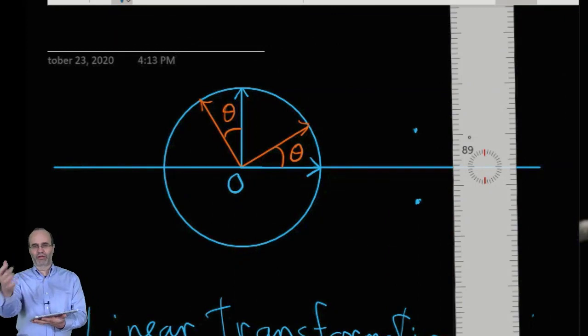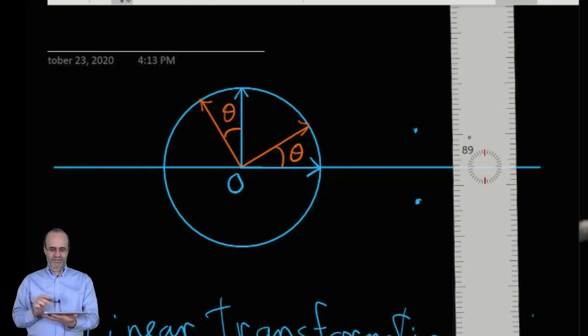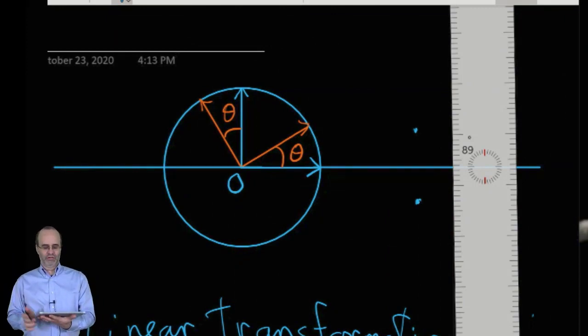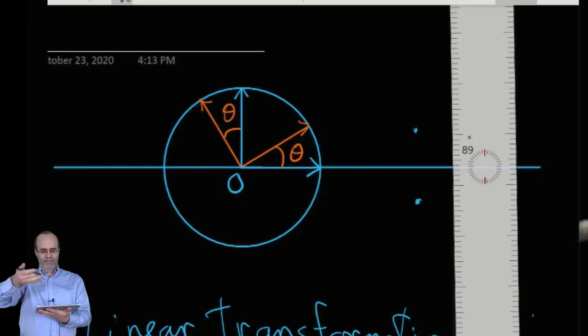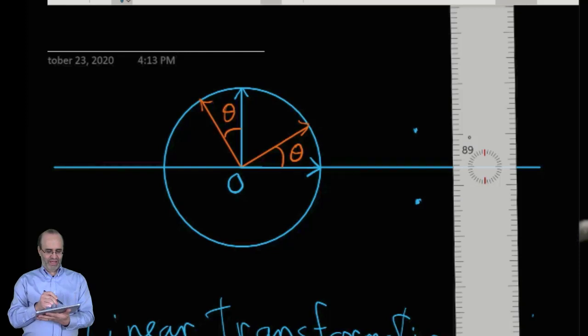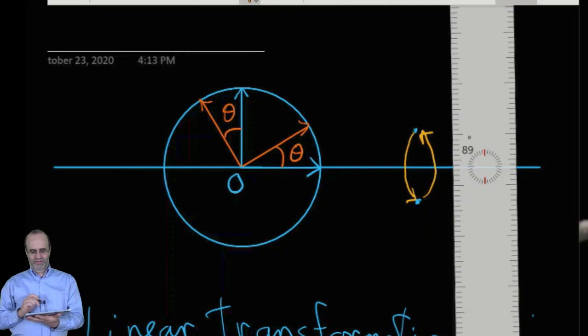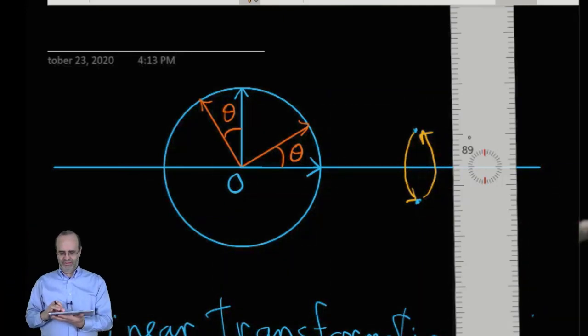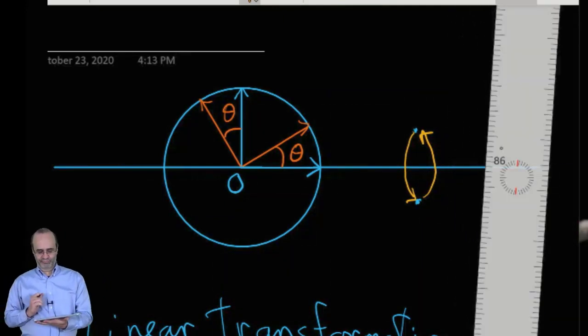Here I'm just drawing the point, but you can imagine that this is represented by some position vector. If I take the position vector and apply reflection with respect to the horizontal axis, then this is what I get. So the reflection will send this point to this one and vice versa. So this is what reflection is with respect to the x-axis.